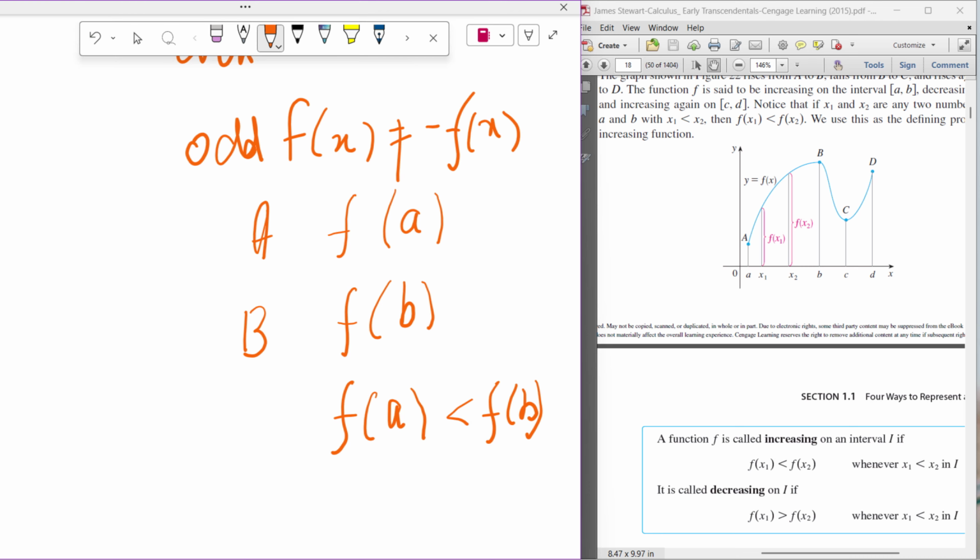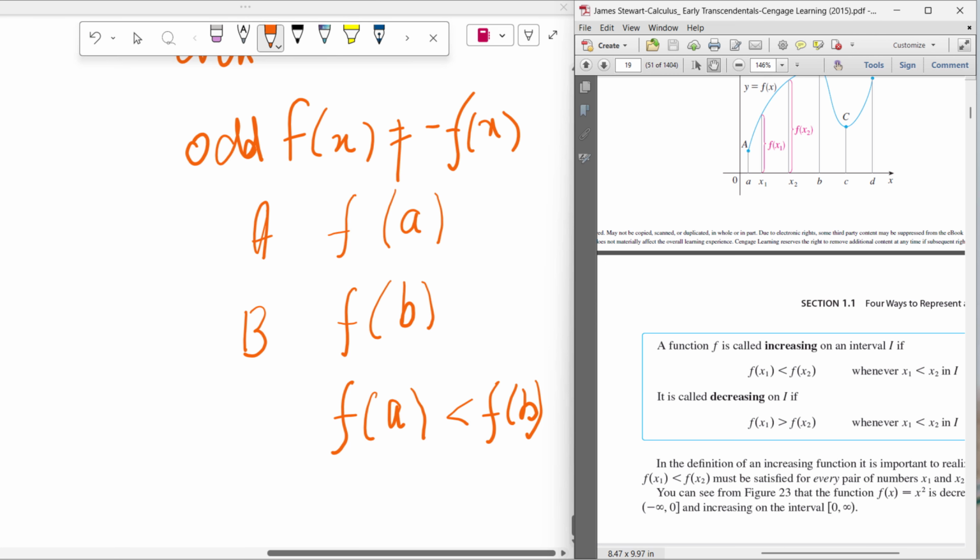The value at point C must be less than the value at point B. And again, the value at point D must be greater than the value at point C, then the graph is increasing.